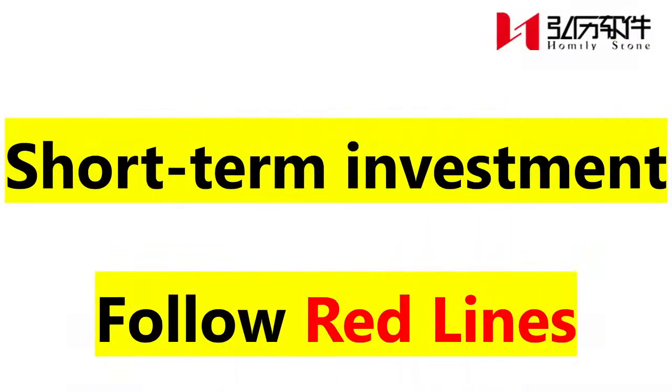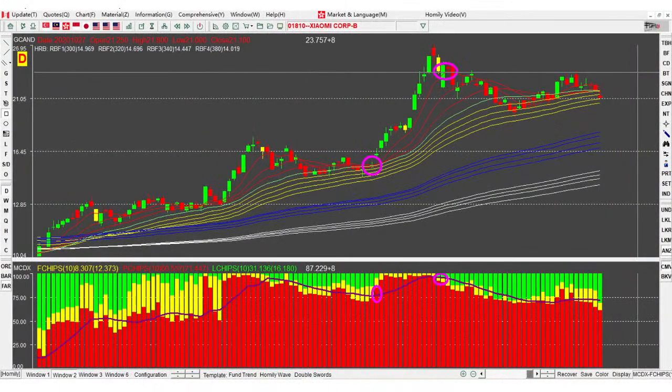And if we do short-term investment, short-term here we not mean the intraday trading, not buy sell based on the minute chart, even based on the second chart. We not mean this. In technical analysis, the short-term investment means 6 to 10 days, around 2 weeks. So this is the short-term investment. So we can follow the red line, just like here. It's very easy, right?